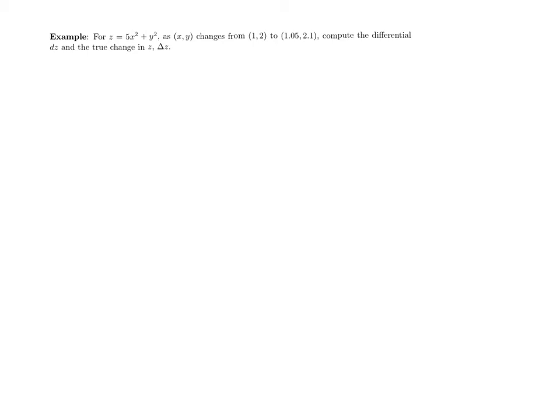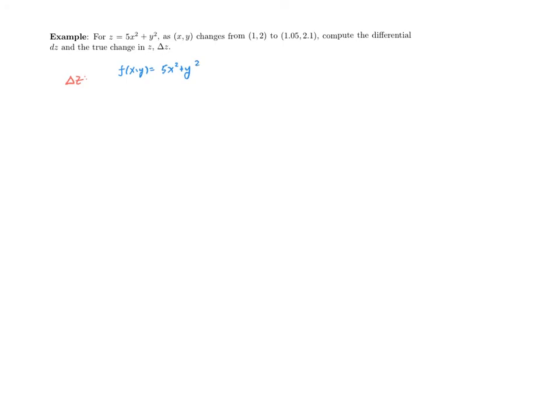For the true change in z, we simply want to think, what are the associated outputs to the two inputs, and then we'll calculate their difference. The function f of xy would be represented by 5x squared plus y squared.